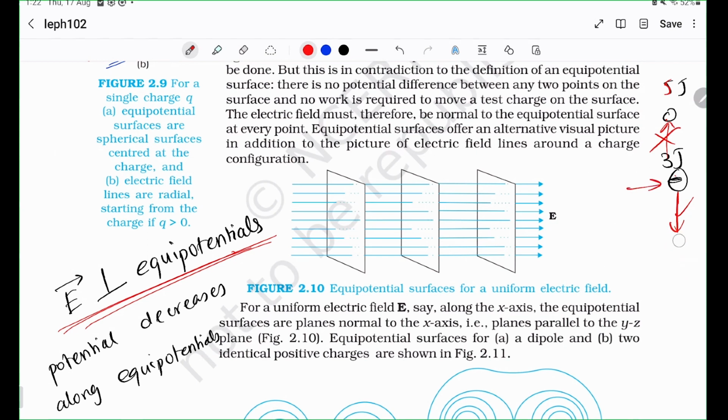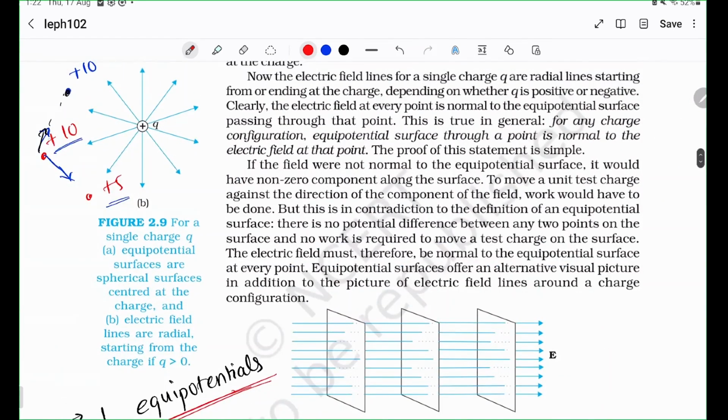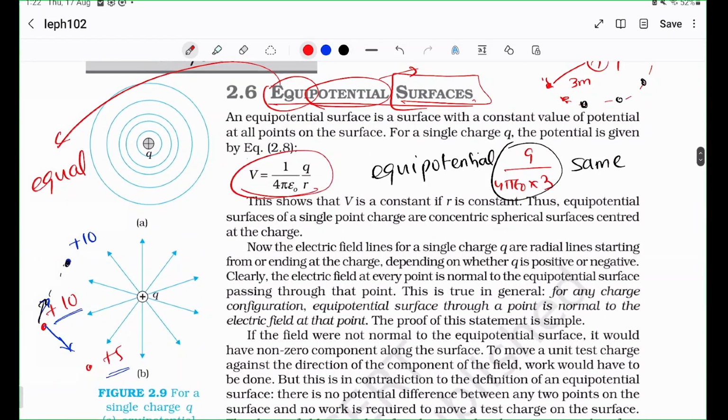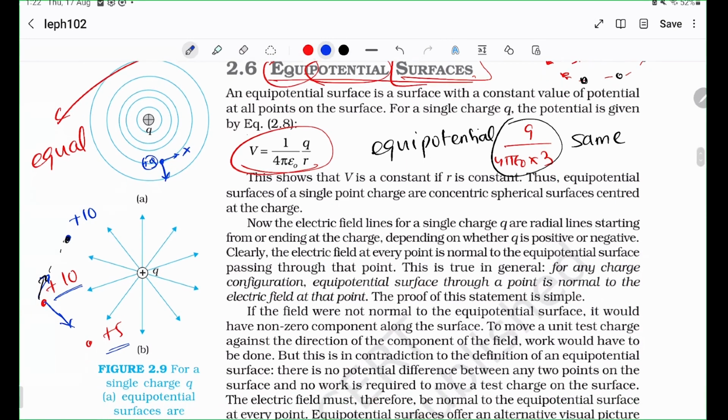So, if 2 points have equal potentials, then the charges are not motivated to go there. That's why when you leave a charge +Q here on the equipotential, it will not go here. In fact, it will only go here, right?